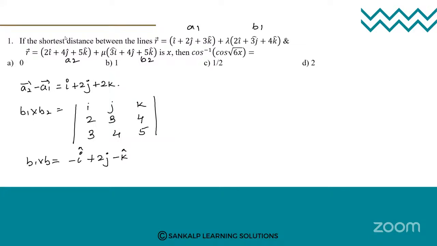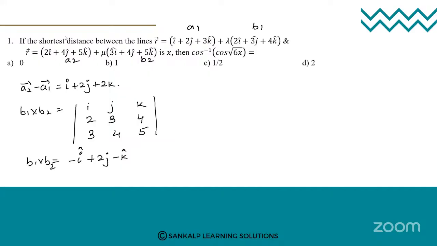Yes, okay, fine. Now we got B1 cross B2. Next, what do we need? Dot product of this and that, right? And also magnitude of B1. Minus I plus 2J minus K.